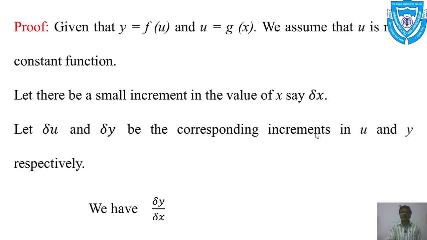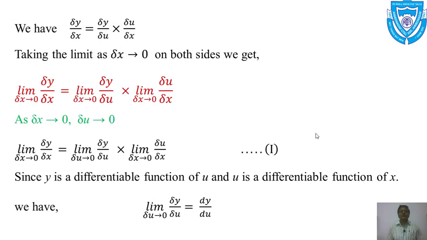I can write this ratio as delta y upon delta u into delta u upon delta x. Just multiply and divide by delta u. So we have delta y upon delta x is equal to delta y upon delta u into delta u upon delta x.